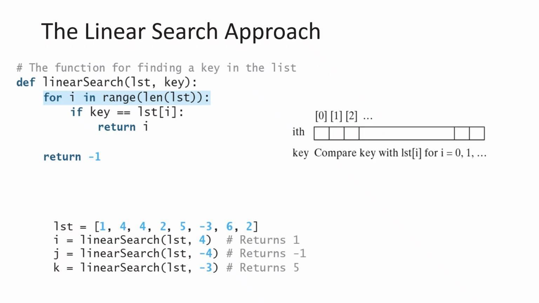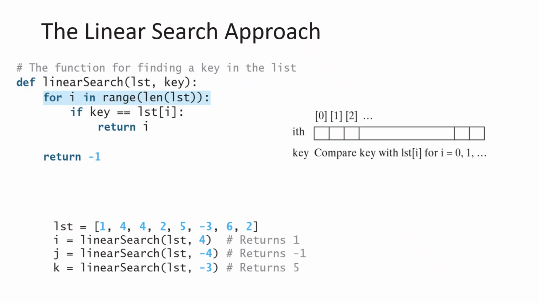lst = [1, 4, 4, 2, 5, -3, 6, 2]. j = linearSearch(lst, 4). So it will return 1 because the search key is 4. It will check whether the key 4 is in that list or not. It is in that list.